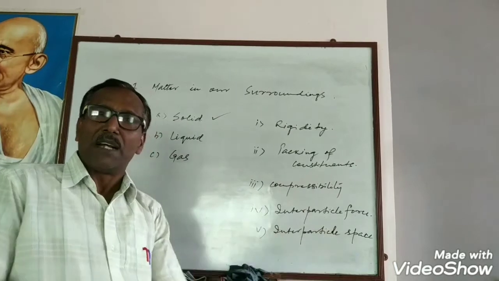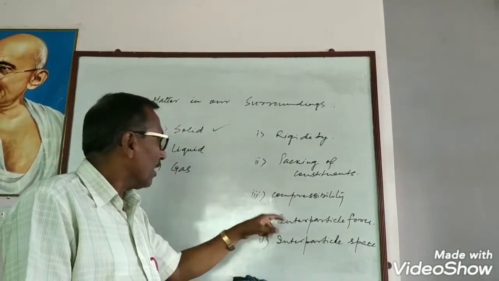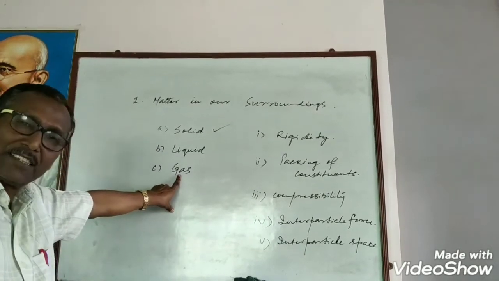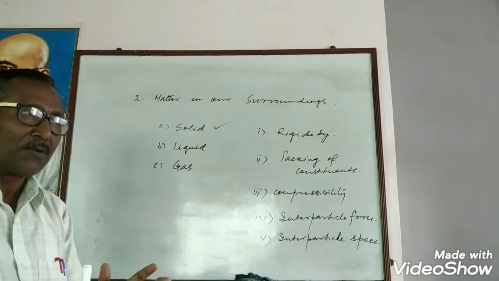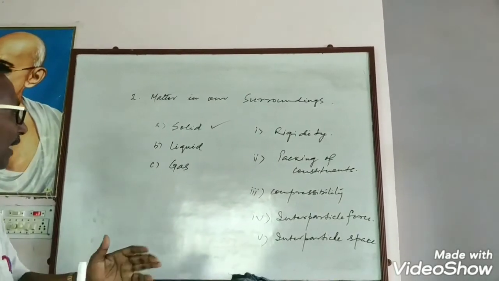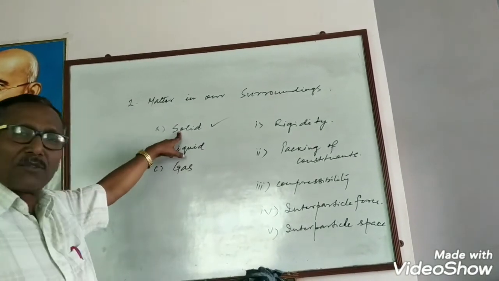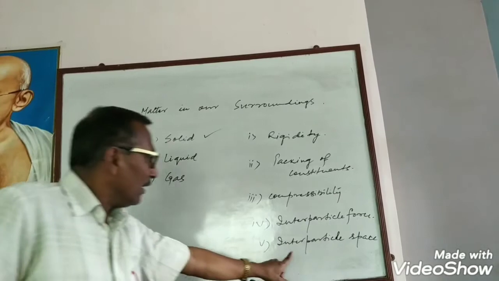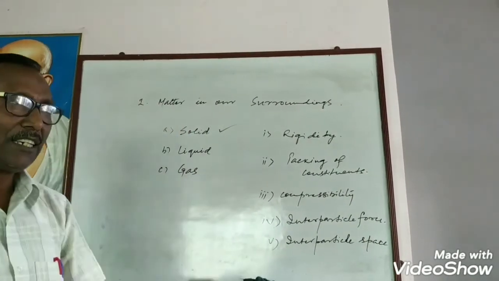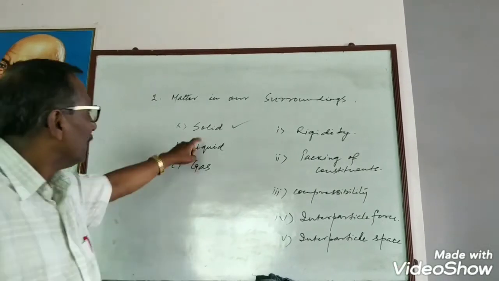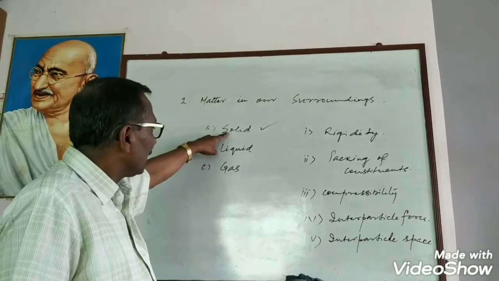They can be compressed by applying a force, because in gaseous matter particles keep apart from one another at large distance, but in case of solid this interparticle distance is very less, so it has least compressibility.